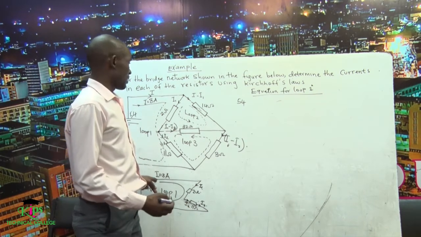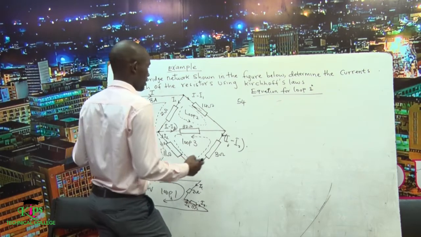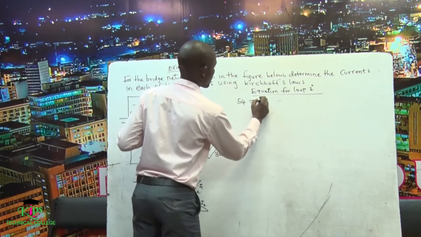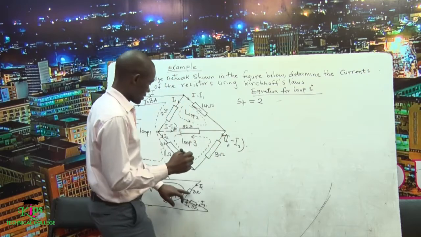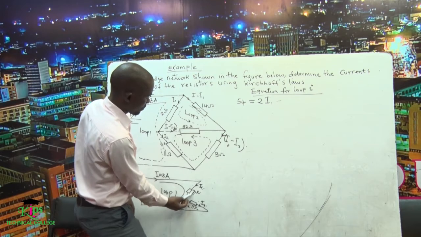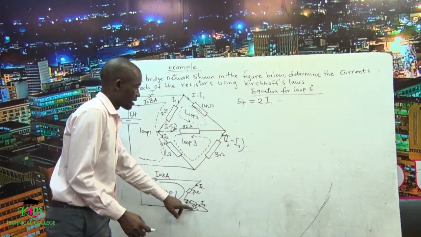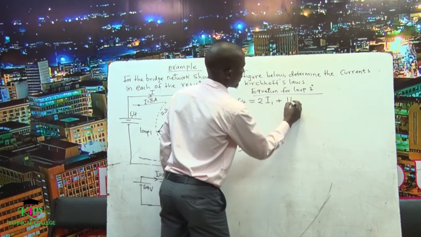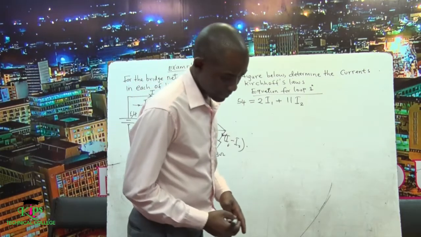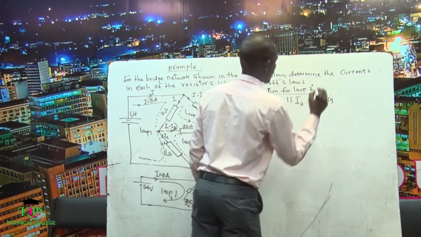So basically it means this one will be equal to 2, this is the resistor, multiplied by I1. The voltage drop here will be equal to this current I1 multiplied by the resistance. The voltage drop across this resistor will be equal to I2 multiplied by 11. So plus 11 I2. That forms our first equation.